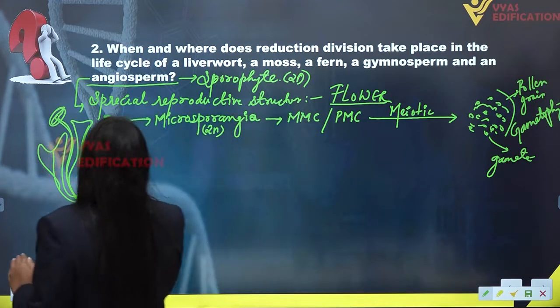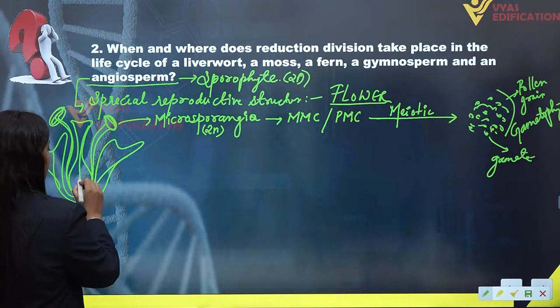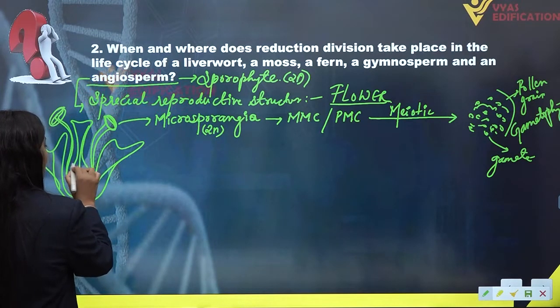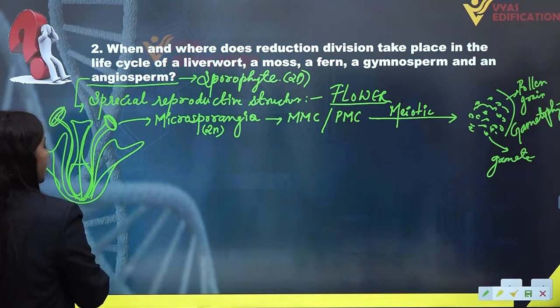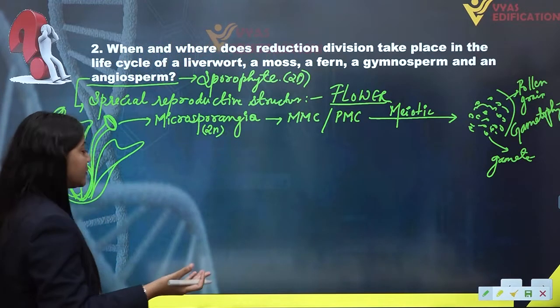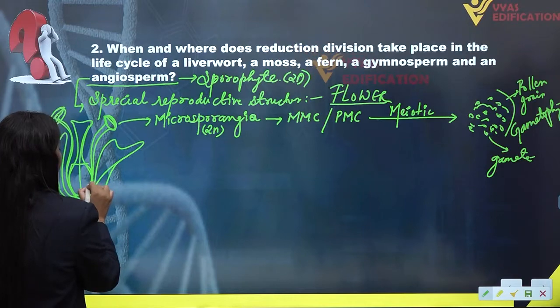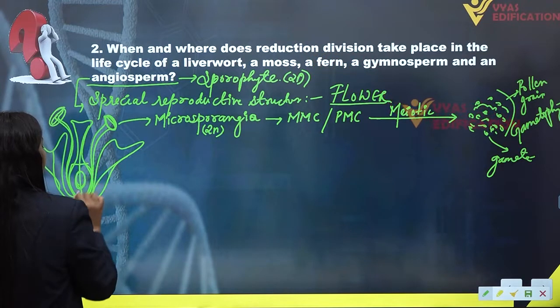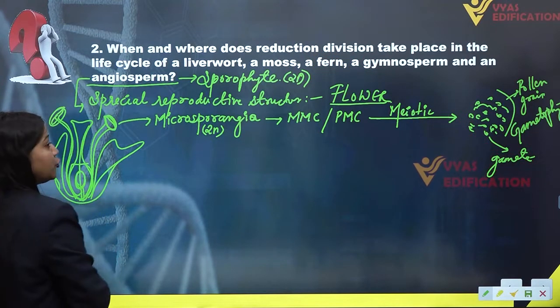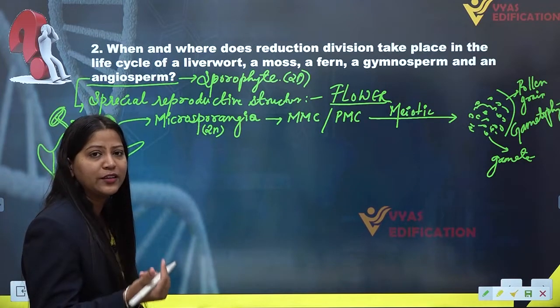And in case of the female reproductive structure, this is ovary. This swollen part at the base of carpel is known as ovary. Inside ovary we know that there is a presence of ovule which is attached to the placenta through a funicle, a small stalk-like structure.